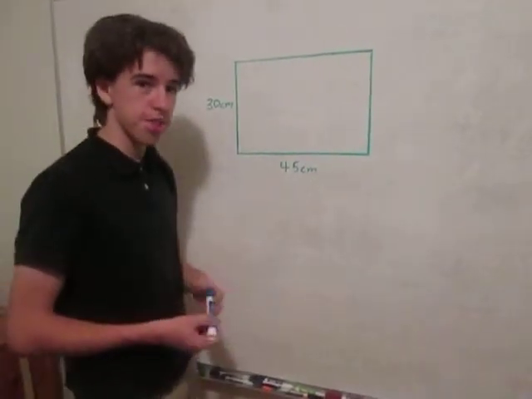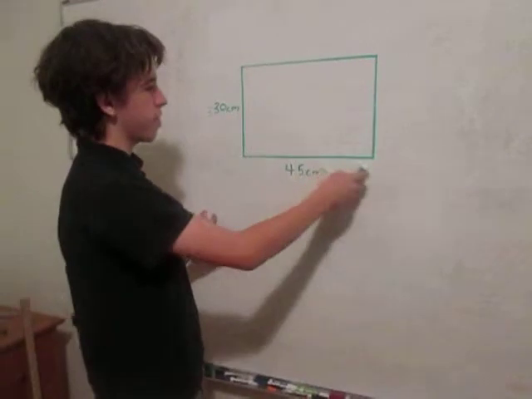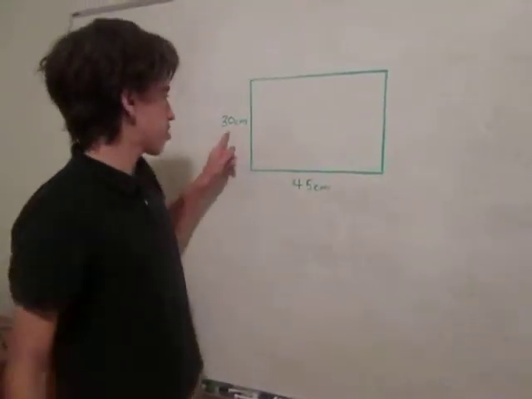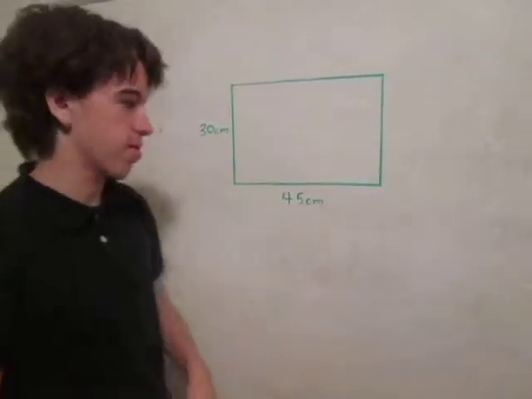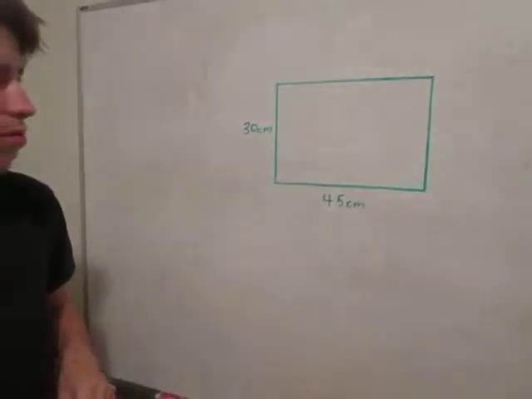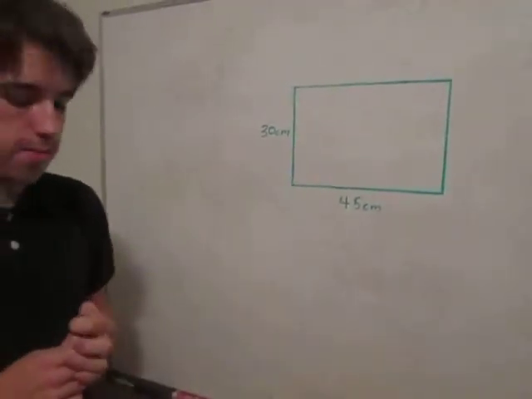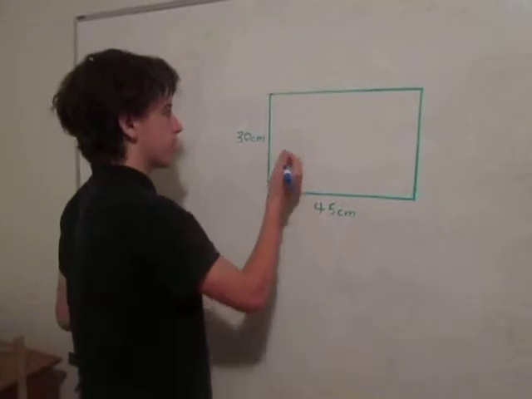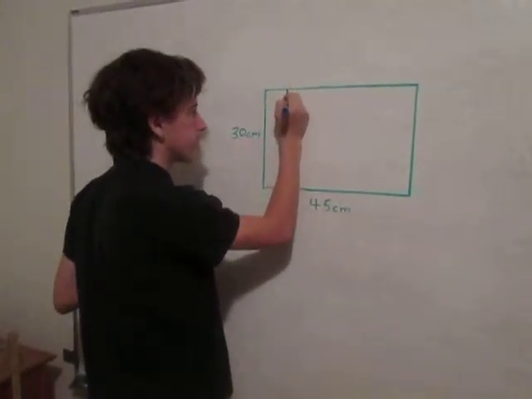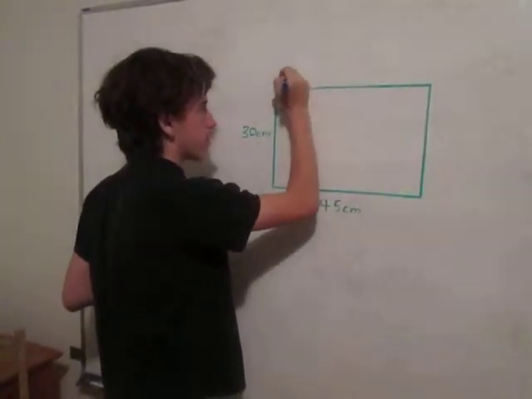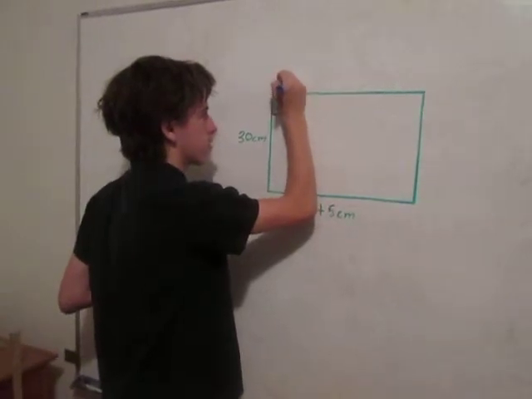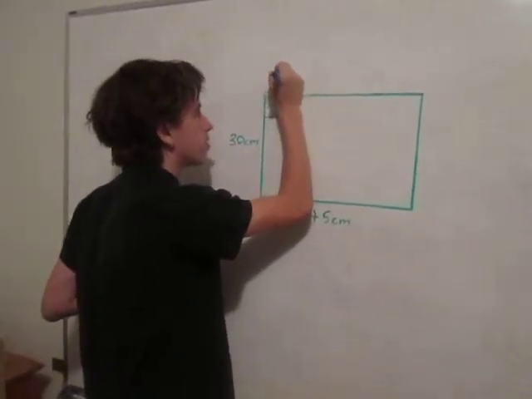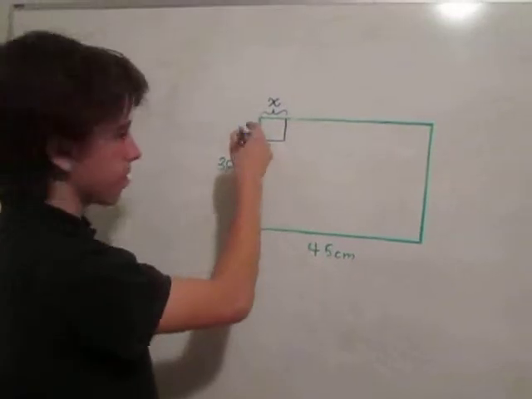In this case, shipping. So let's say we have a cardboard rectangle of the dimensions 30 centimeters and 45 centimeters. And we want to make this into a box, right? So out of the four corners, we need to cut a little square of some distance x.